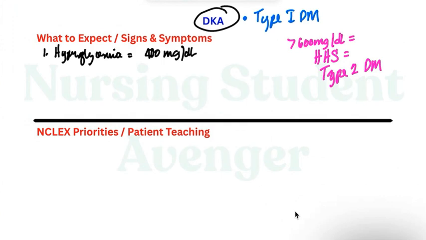Okay, so aside from the hyperglycemia, which is going to be around the 400s, the other thing that you're gonna see is ketones, okay? These ketones can be in the blood or in the urine. The K in DKA is the one that suggests there is going to be ketones.